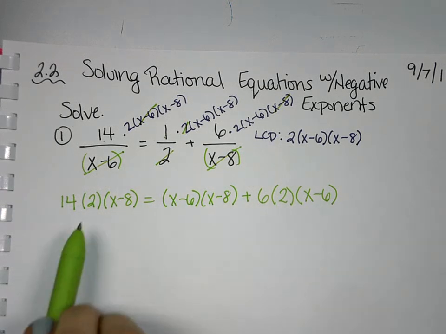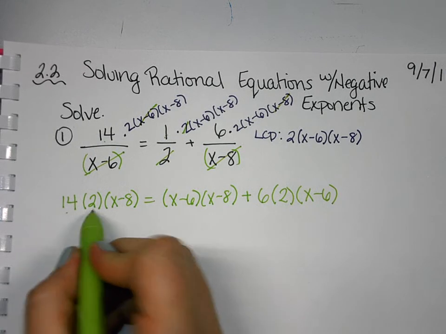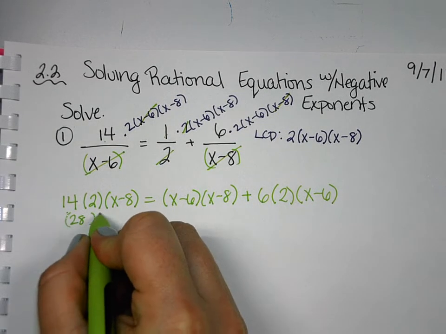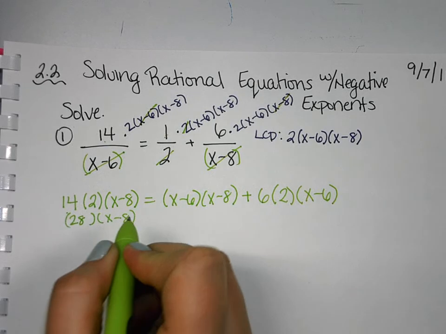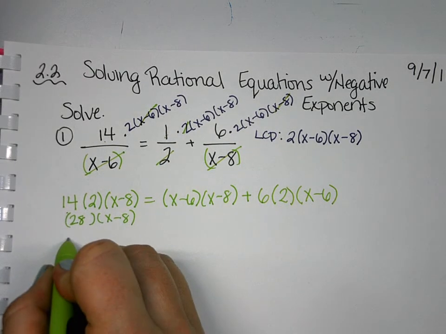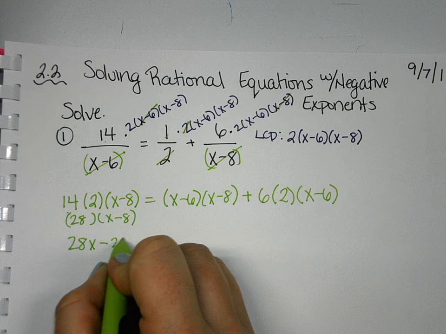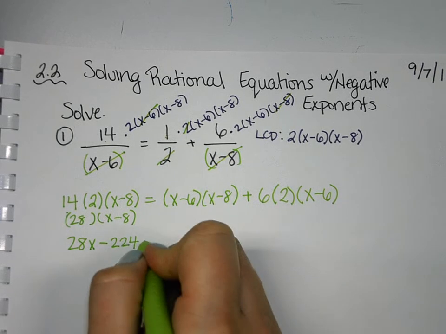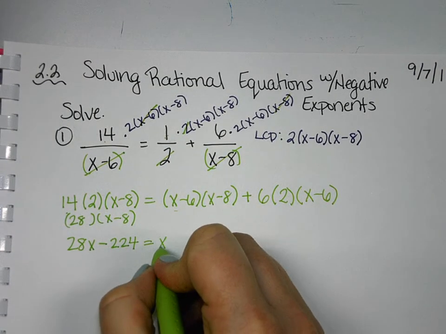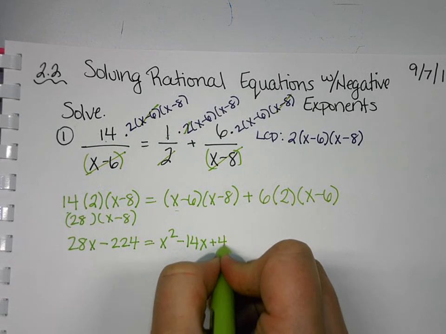So before I can combine like terms, I do need to do some multiplying out. So 14 times 2, that's 28. So I'm going to be doing 28 times x minus 8. So when I do that, I'll get 28x minus 224 equals, these two I'm going to FOIL out, and I'll get x squared minus 14x plus 48.